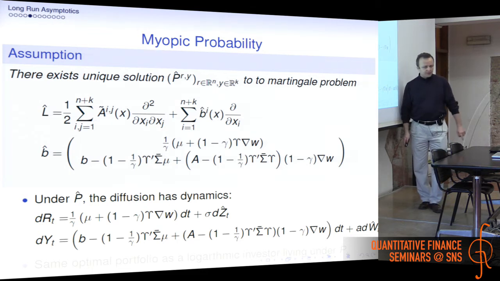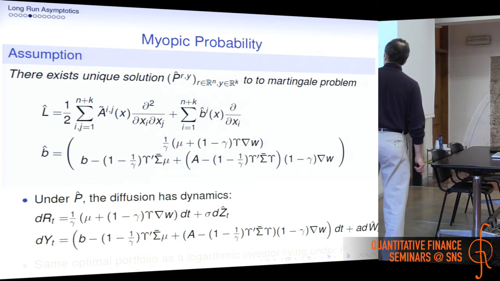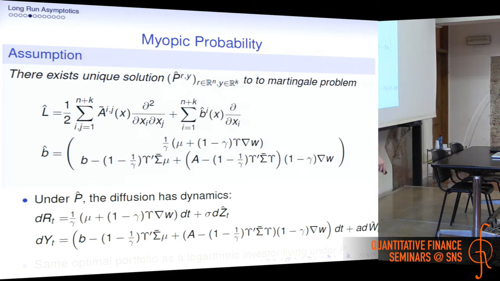Now, let's go to the interpretation of this, okay? In particular, let's look at what would be the optimal portfolio for a logarithmic investor who lives in a world where this is the true probability measure.